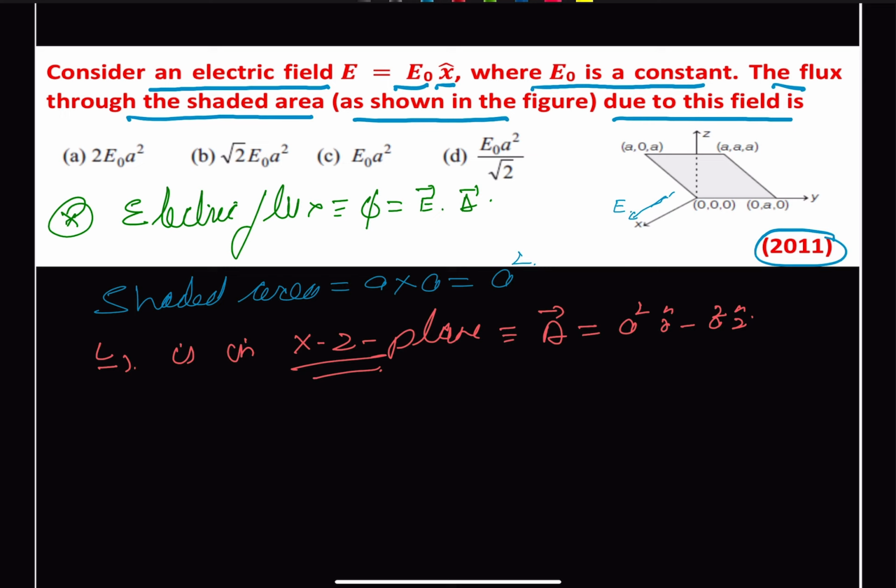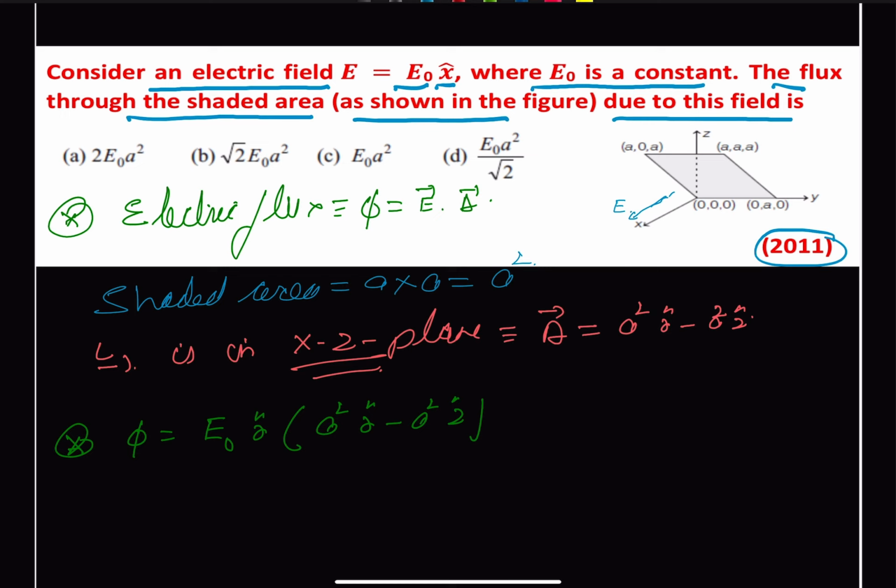And electric field is given to us. We simply substitute them. We get that our flux phi will be equal to E naught x unit vector dot a square x unit minus a square z unit vector.